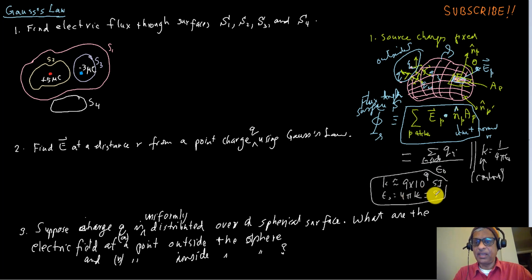Epsilon naught is 8.85 times 10 to the minus 12 in SI units. Okay, if you multiply them, it turns out like that. So this is what is called Gauss's law.